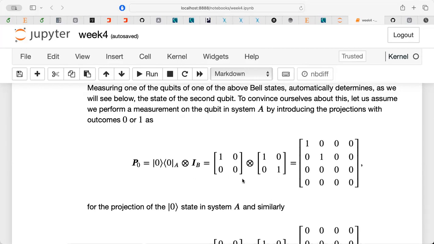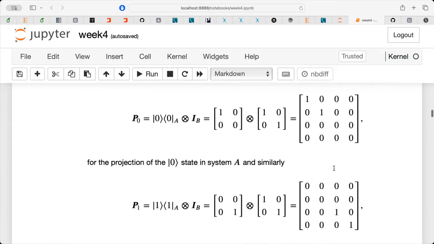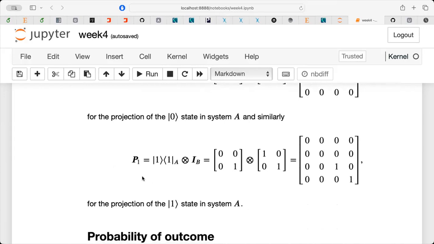And when we take the tensor product of these two matrices, we end up with this 4x4 matrix. And similarly, we had the projection operator for qubit 1 in system A, since this is a system where the two subsystems have only two possibilities, either qubit 0 in system A or qubit 1 in system A. And this is the new matrix which we end up with when we perform this projection.